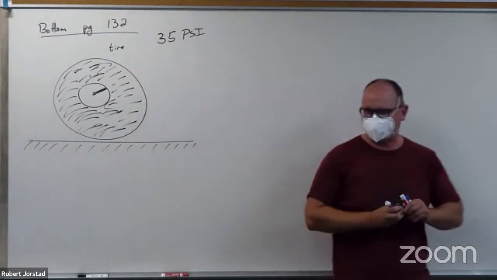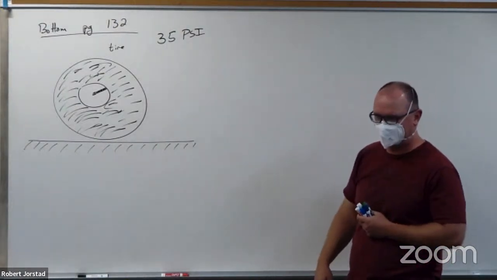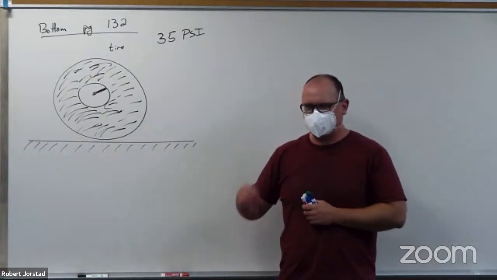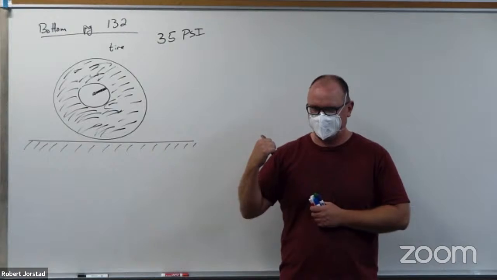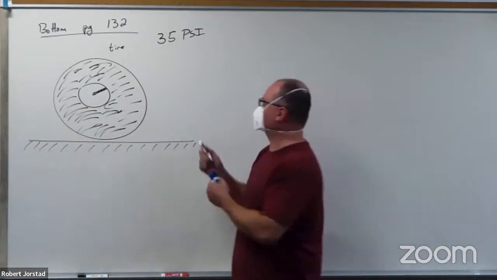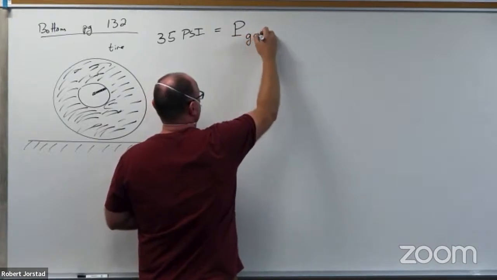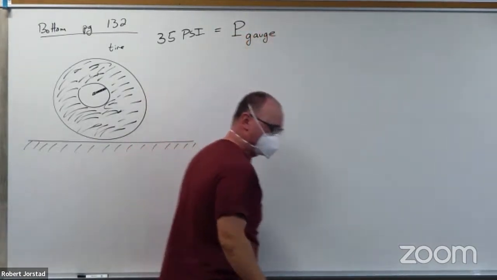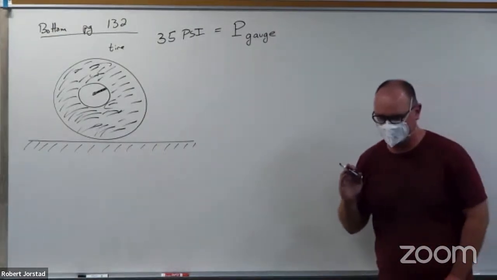But 35 PSI, some people might say 32, 38, somewhere around 35 is pretty good. That is not the pressure in the tire. This is the pressure on the gauge. Okay, 35 PSI is what the gauge reads.